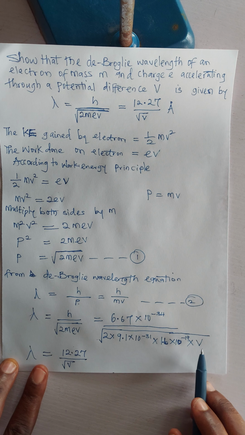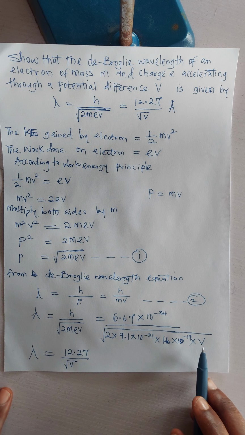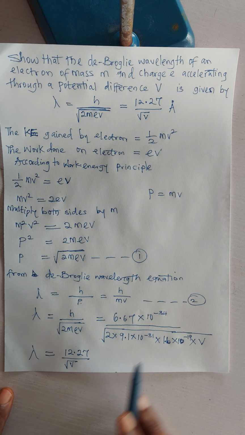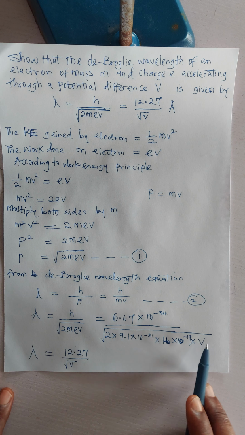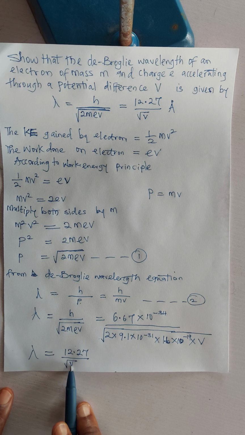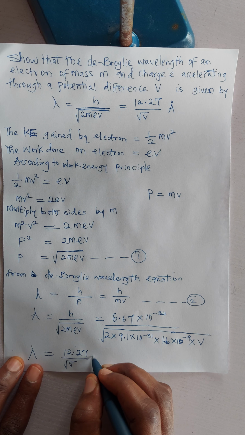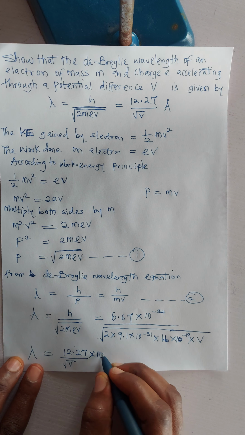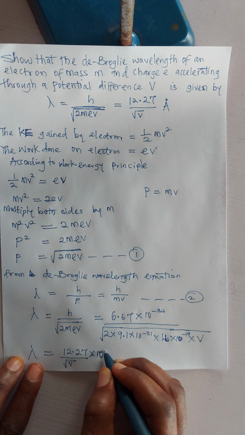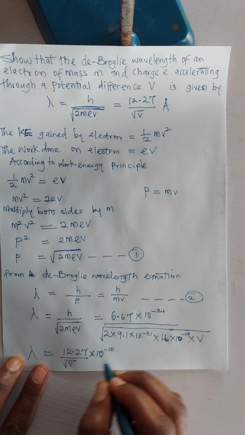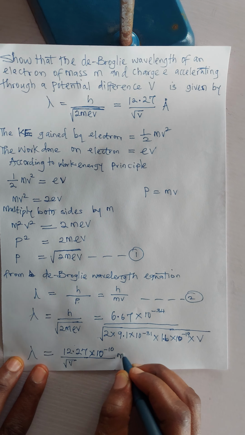You can see that the value of V was not given, so it's still going to be in the square root. So we evaluate all these except V. So the value of V is still going to be in the square root, times 10 raised to the power of minus 10 meters.